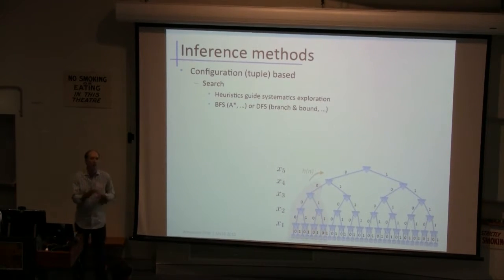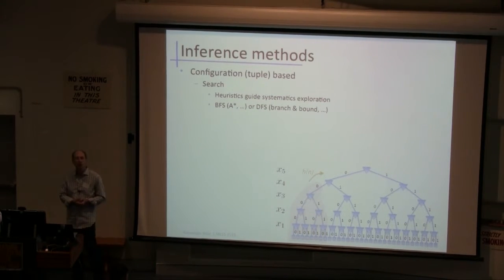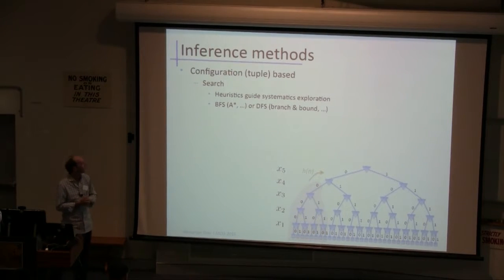And we can think about optimizing, finding the most likely configuration of the whole thing using a standard search algorithm like A* or depth-first search or something like that. And so we're explicitly reasoning about these complete configurations of the system.